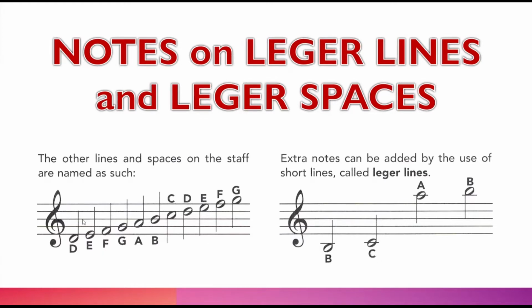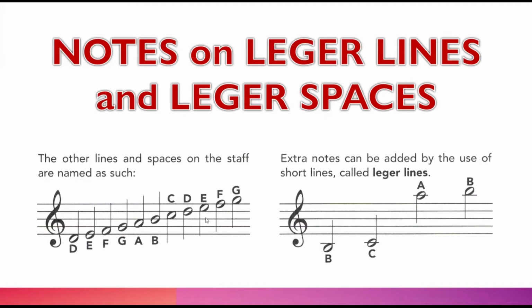Okay? So as you can see here, from E to F, okay, those are the notes on the lines and in the spaces. And the first note here below the first line is a D, because that's the letter that comes before E. And the note after the 5th line, above the 5th line, is a G, because that's the note that comes after F. Okay, very simple.